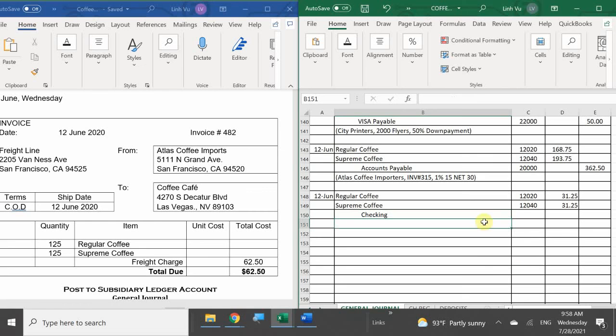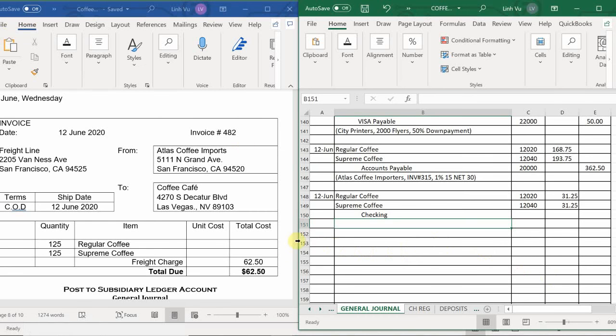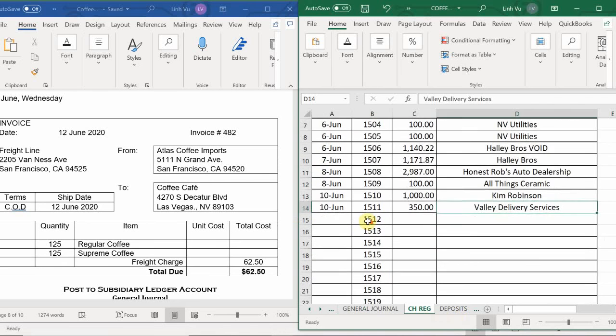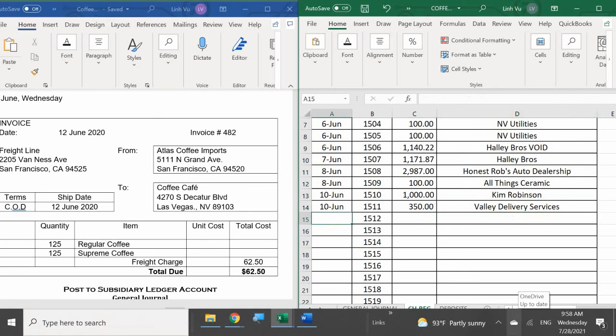So checking is what we're going to be using. Therefore, let's go to our check register. We will be using check number 1512. And we're going to write a check for $62.50. Who is this check written out to? Freight line. Okay.